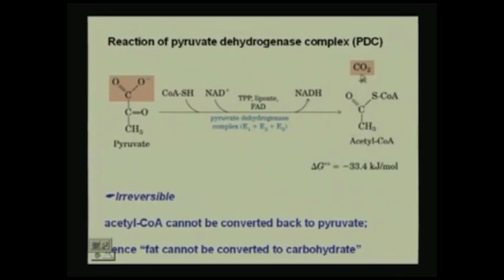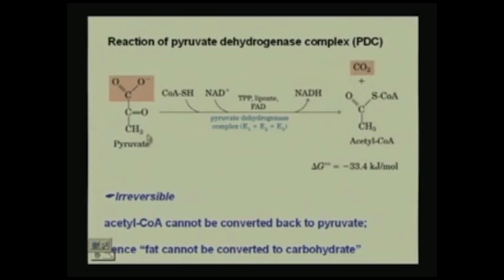The enzyme for this is the pyruvate dehydrogenase complex. It is a complex of enzymes, actually 3 enzymes, E1, E2 and E3. We will see what those components are in a moment, and this is called the PDC, the pyruvate dehydrogenase complex, that comprises 3 enzymes.